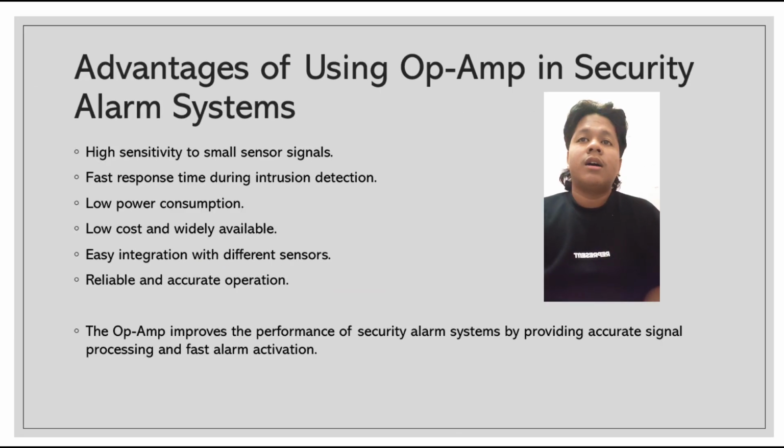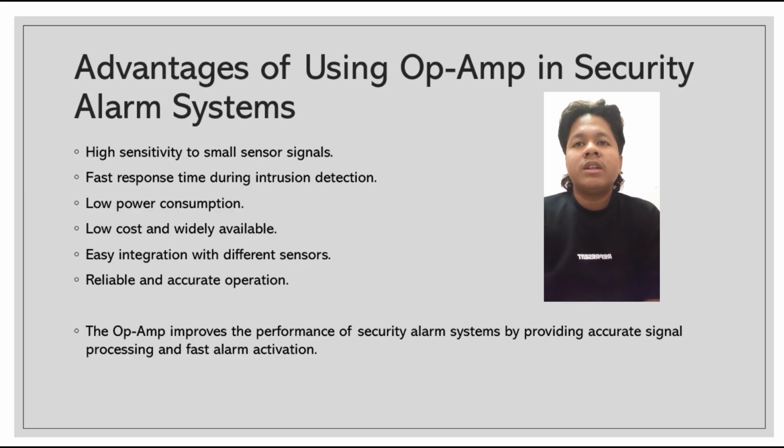So next, the advantage of using OP-AMP. There are several advantages of using an OP-AMP in a security alarm system. First, it provides high sensitivity, allowing the system to detect even small change in sensor signal. Second, it offers fast response time, ensuring immediate alarm activation when intrusion occurs.